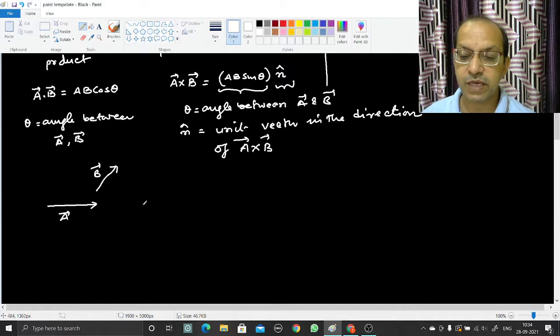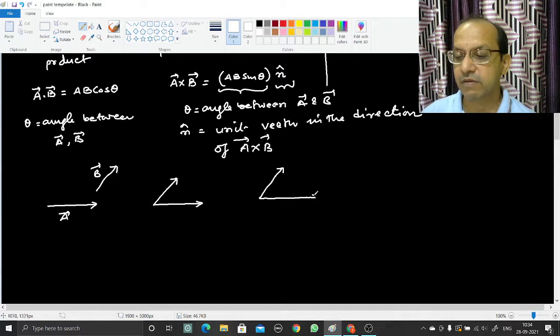We can displace B and write it this way, the A vector, and we displace B in such a way that the tails join. Or we can displace A. That means we can draw B first, displace A and start from here. It will be like this one. Anyway, the angle between the two is the same, and that angle will be theta.